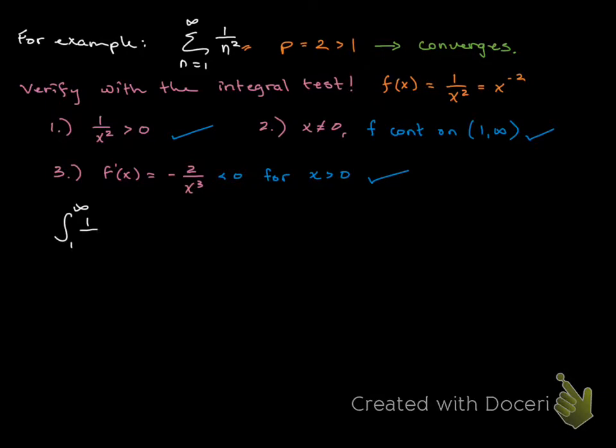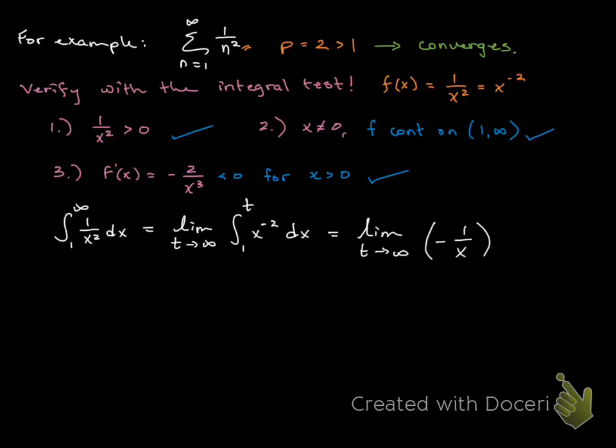I am able to take the integral from 1 to infinity of 1 over x squared dx. It's of course improper. I write the limit as t goes to infinity of the integral from 1 to t of x to the minus 2, or 1 over x squared, dx. Okay, this is of course equal to, I keep my limit, the antiderivative, which should be a minus x to the minus 1, or minus 1 over x, evaluated from 1 to t.